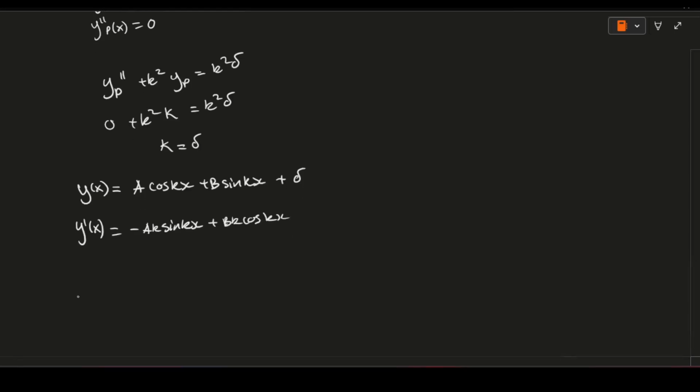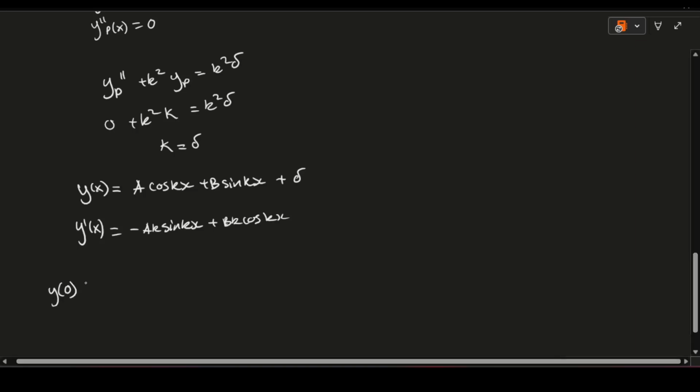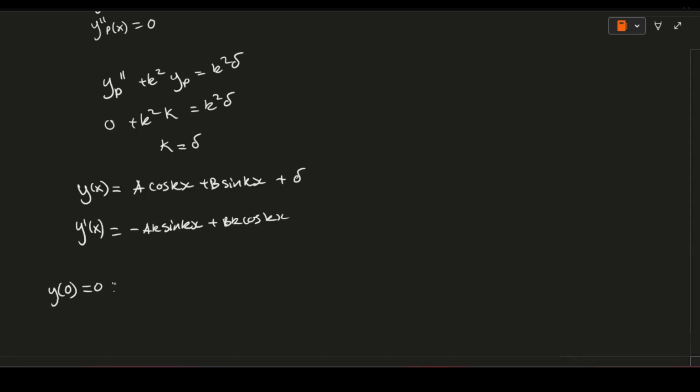And if we use the boundary condition that y at 0 is equal to 0, we get that A must be equal to minus delta.